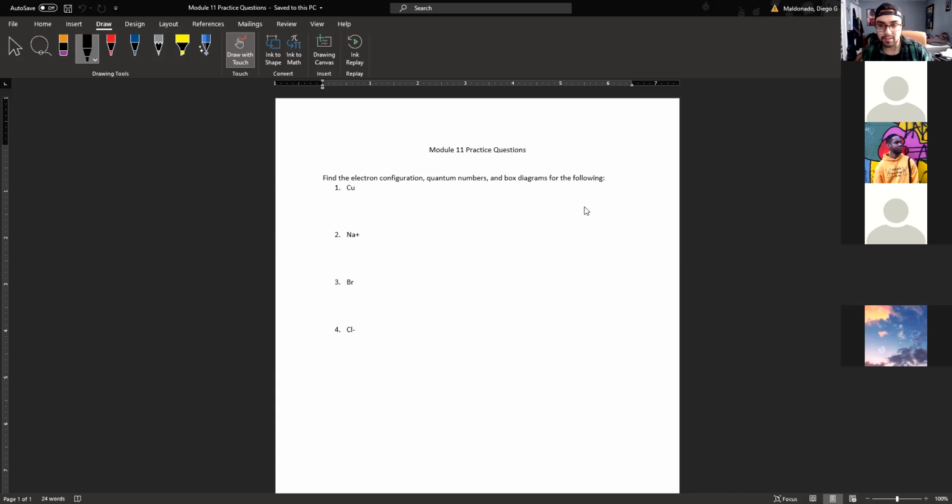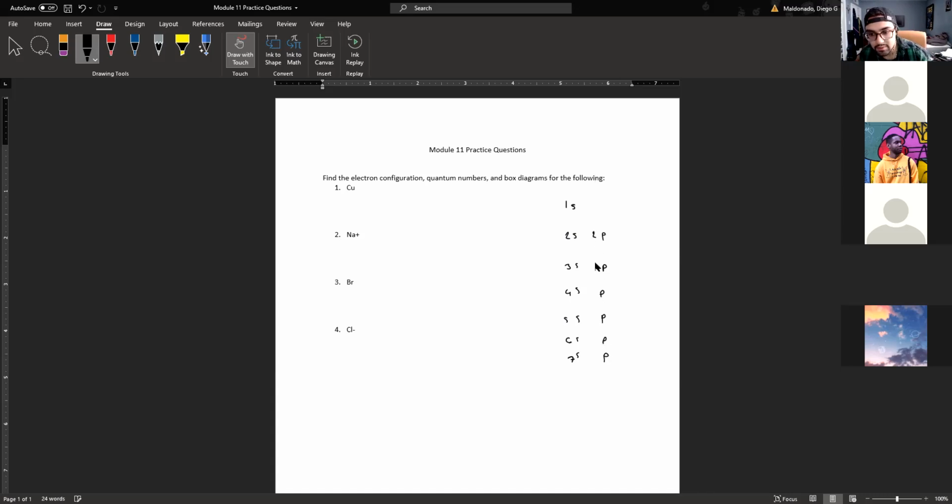How many S subshells are there? 7. So we have 1, 2, 3, 4, 5, 6, and 7. Then how many p levels are there? 6.